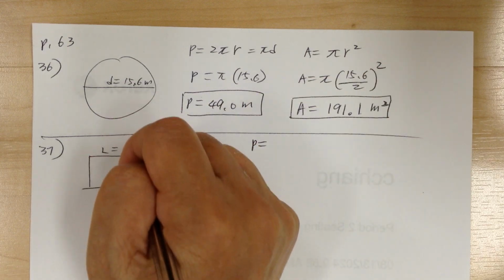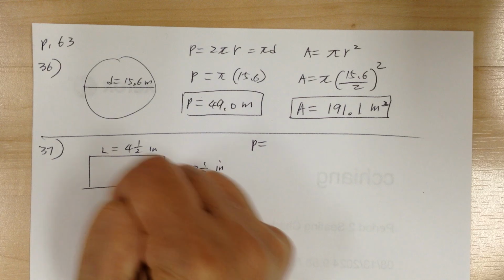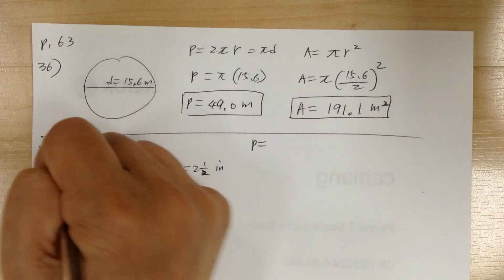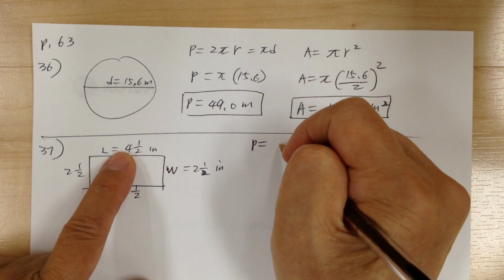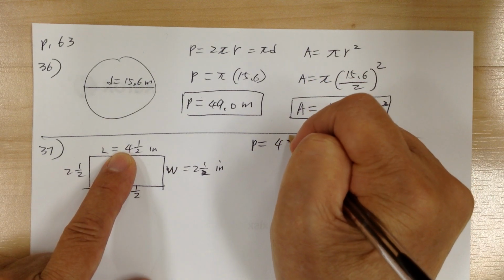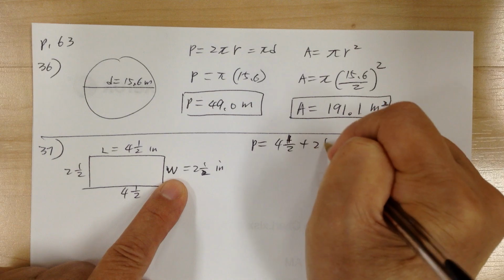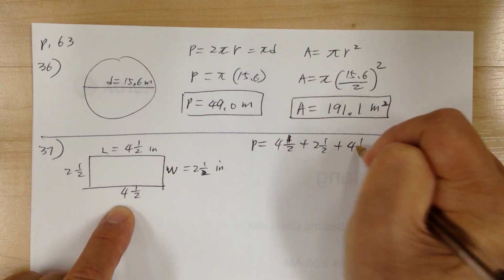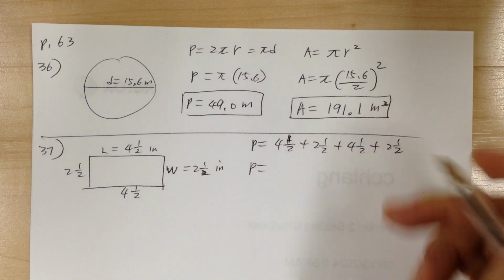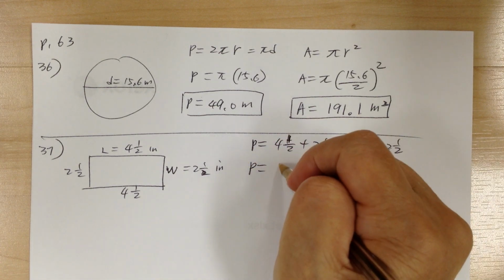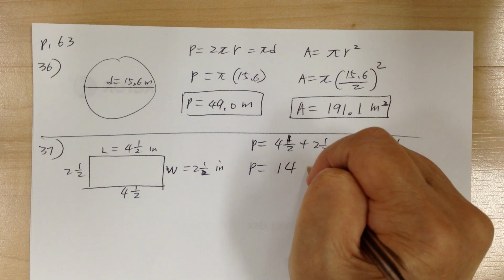If this is 4.5, this would also be 2.5. So the perimeter will equal 4.5 plus 2.5 plus 4.5 plus 2.5. Use your calculator, you add all this together, and this will give you 14 inches.